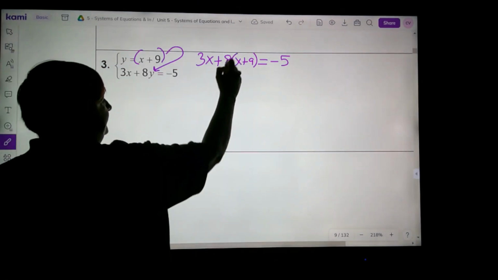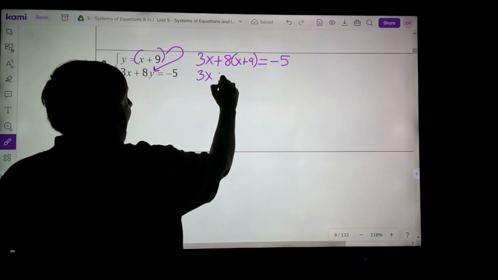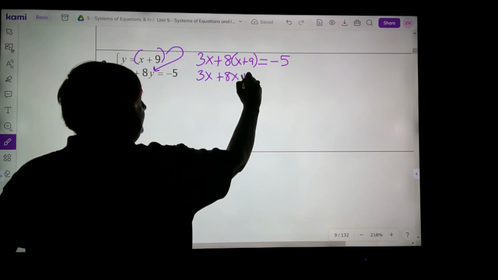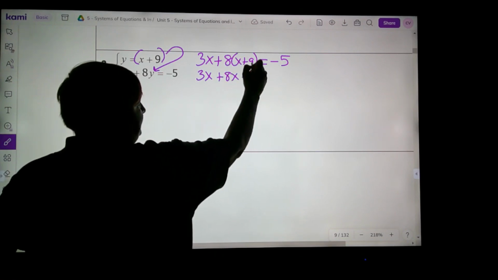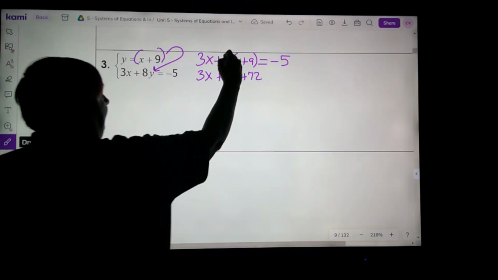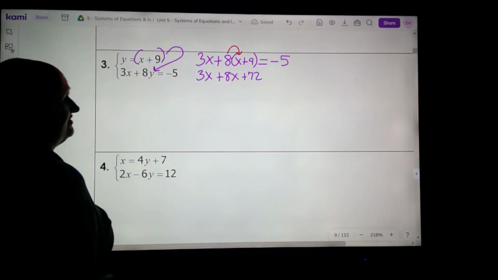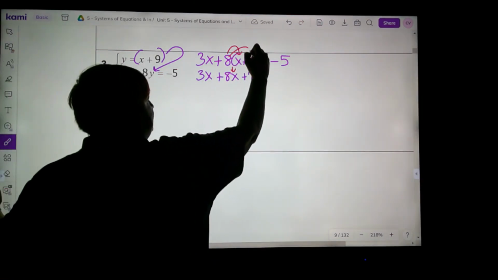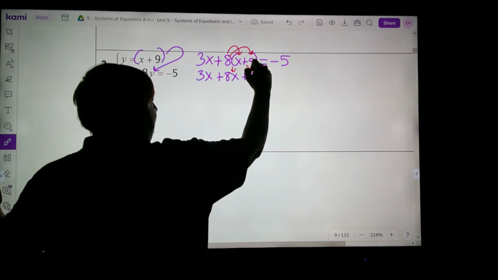To do that, I need to distribute 3x plus 8x, because 8 times x, plus 72, because 8 times 9, right? 8 times x gave me 8x, and 8 times 9 gave me 72.